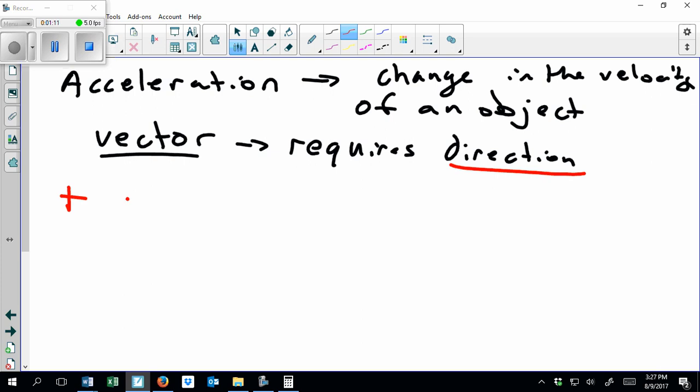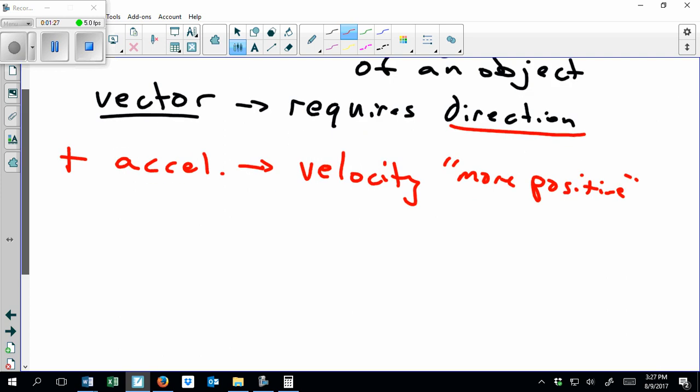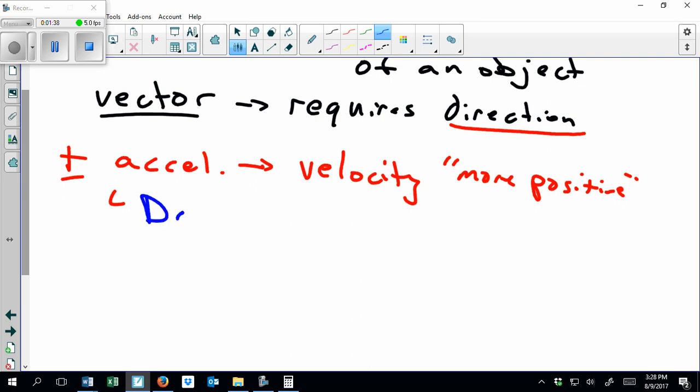So positive acceleration means your velocity is getting more positive, or a bigger magnitude in the positive direction. And if you look above to that chart, this is where people get confused a lot of the time. A lot of times they say, oh, a positive acceleration, that must mean that it is increasing in speed, it's getting faster.